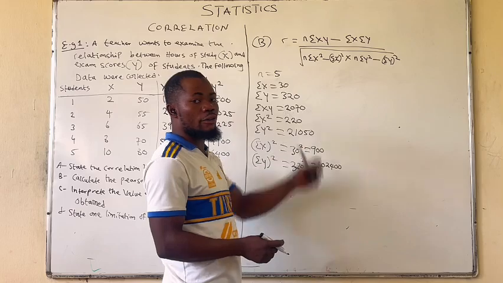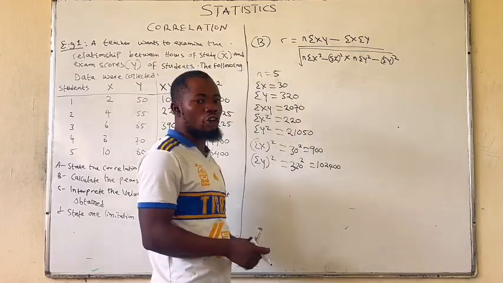We'll just substitute them in Pearson's coefficient of correlation formula.